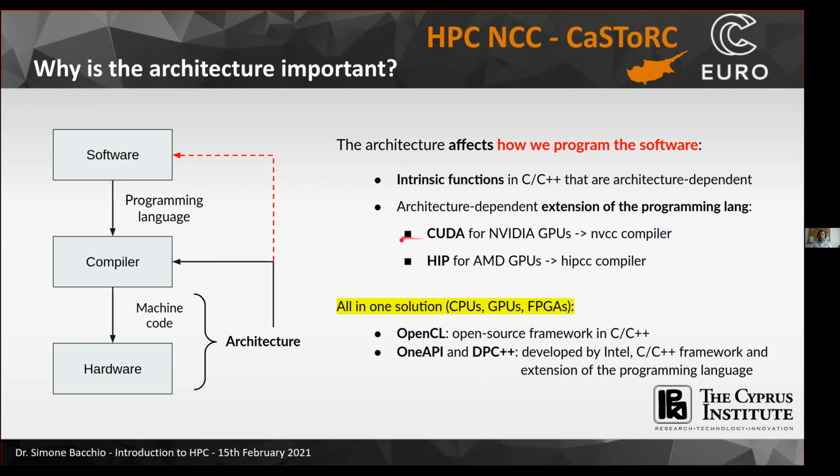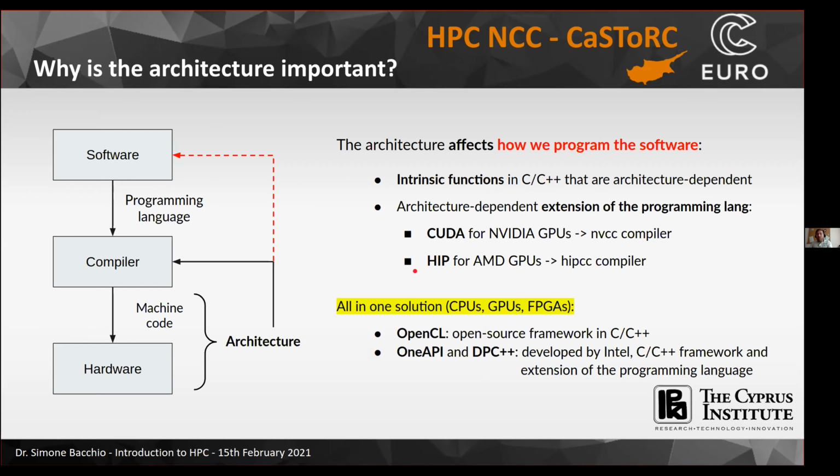For NVIDIA GPUs, there is CUDA. For AMD GPUs, there is HIP. These programming languages add a set of instructions to the base programming language. So they are not completely new programming languages, but based on C or C++, they extend it with a set of instructions that are specific for the hardware you're going to run on.